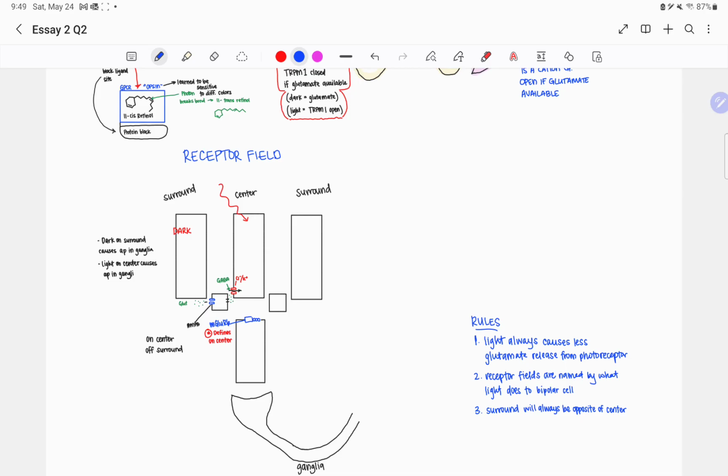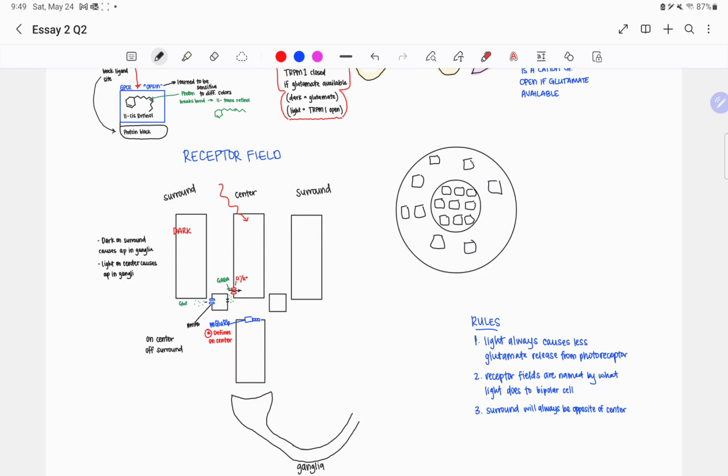So if I draw a circle here, and another circle like a target, okay, and then I draw a bunch of squares, we'll say that these are the center, and then we have a whole bunch here in the surround. Okay, I'm not going to sit here and draw tons out because I don't want to take up your time, right?